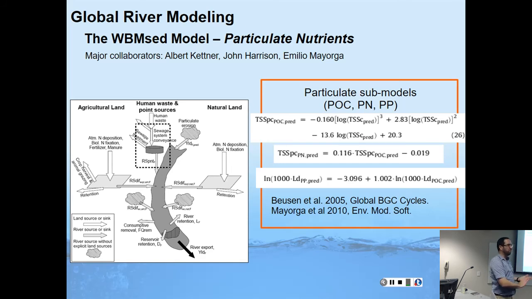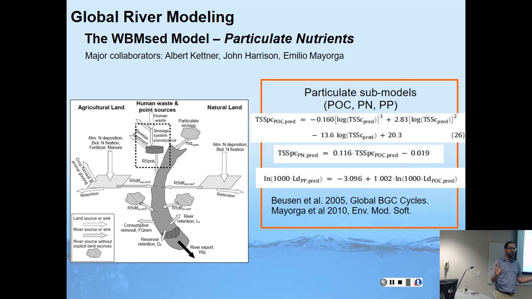The problem is that when it comes to global validation of models, when you do water, you're okay, right? There's a pretty decent amount of observations of water around the world. When you do sediment, it gets much harder because it's really hard to get sediment data outside the US. When you do nutrients, it's just a nightmare because it's all over the place.